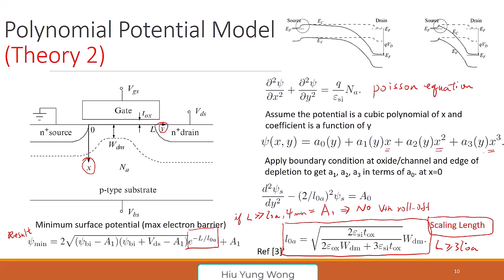Okay, and then from here we can study. Can you tell me, for a good technology, do you want a long scaling length or a short scaling length? Do you want LOA to be short or long in order to scale?